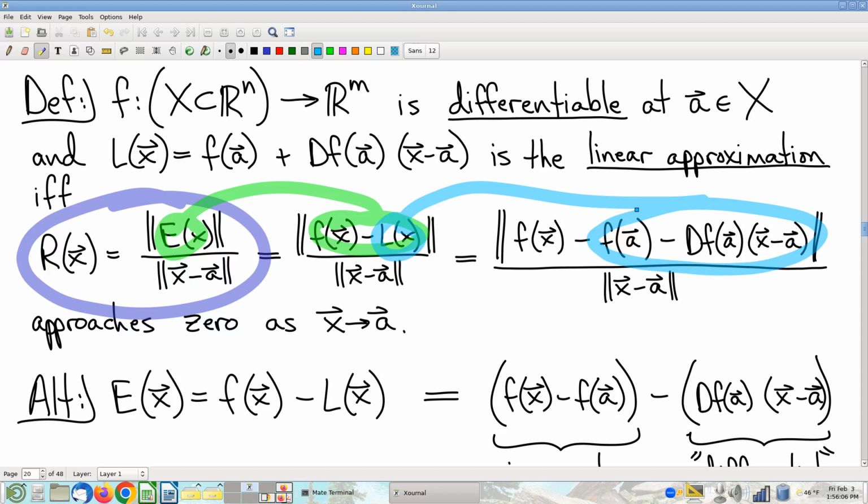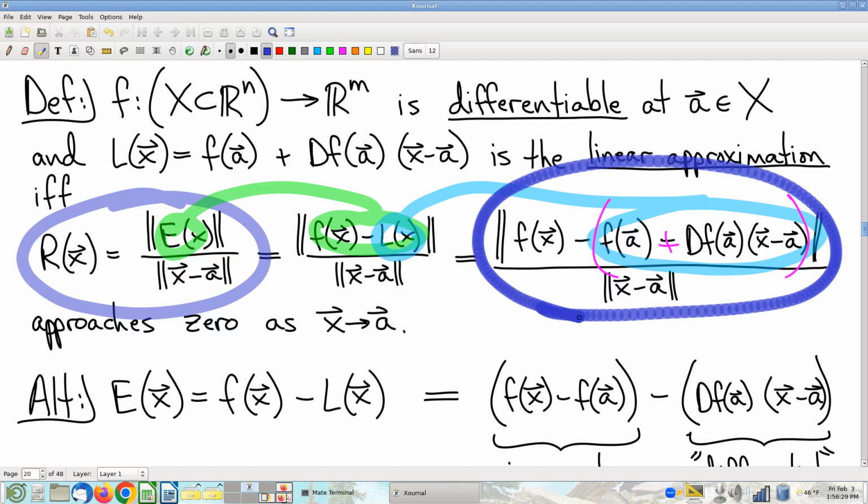And I do have a parentheses problem. I'm going to distribute the minus in the parentheses there by turning that minus into a plus. So relative error, if you stretch it all out and write down the formula for it, it's this great big monstrosity here. And for my relative error, namely all of this great big monstrosity, I need that to approach 0 as you approach your point of estimation.